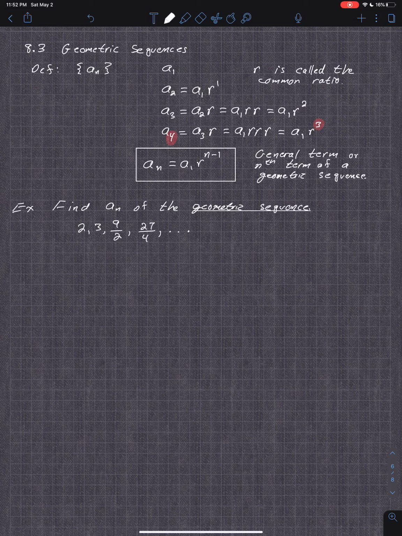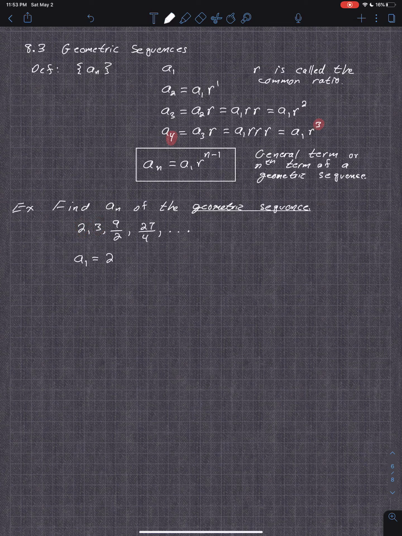We know that our first term is 2 because it's the first term. So the first, second, third, fourth. And the common ratio, because we know it's geometric, it's true for any two successive terms. We might as well just divide this one and this one.